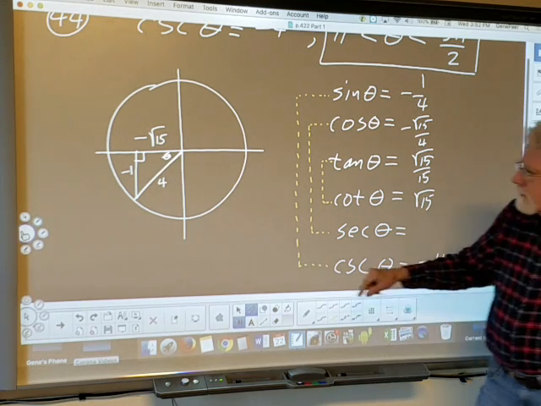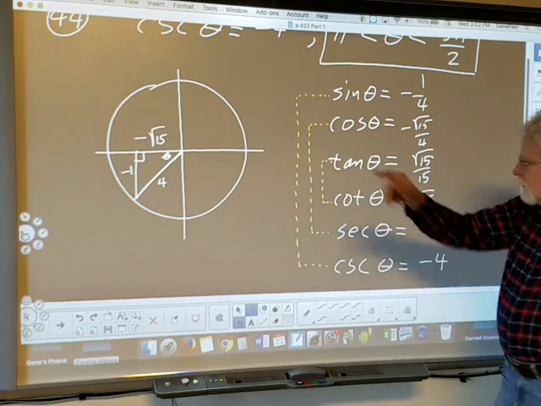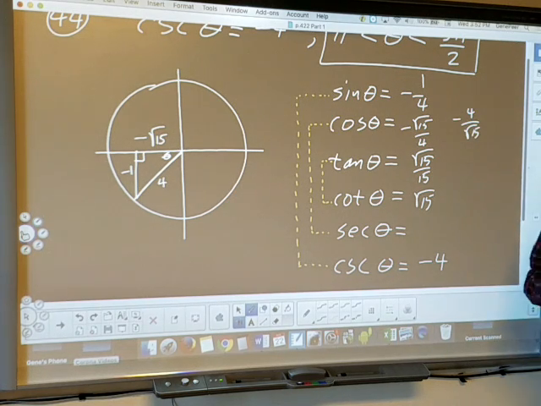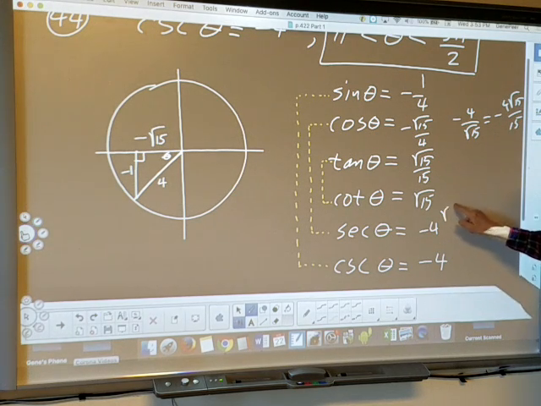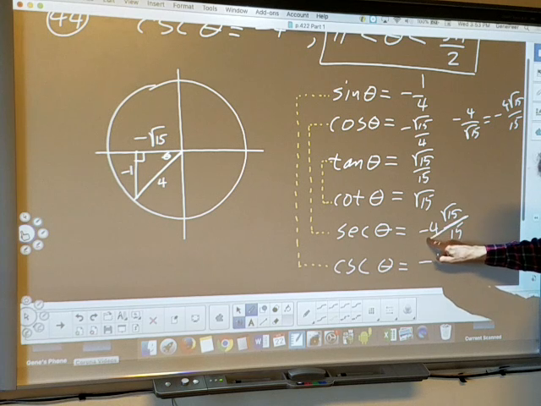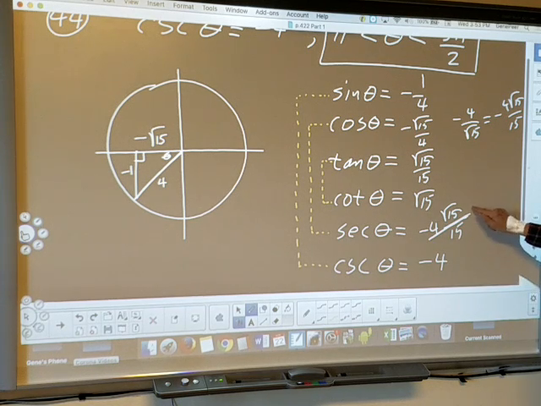And secant, the reciprocal of cosine, so flip this guy, that's going to be negative 4 over square root of 15, and of course you know the routine, multiply by square root of 15 over square root of 15, we get negative 4 square root of 15 over 15, and we would probably prefer to put that fraction more like that. Negative 4 square root of 15 over 15.